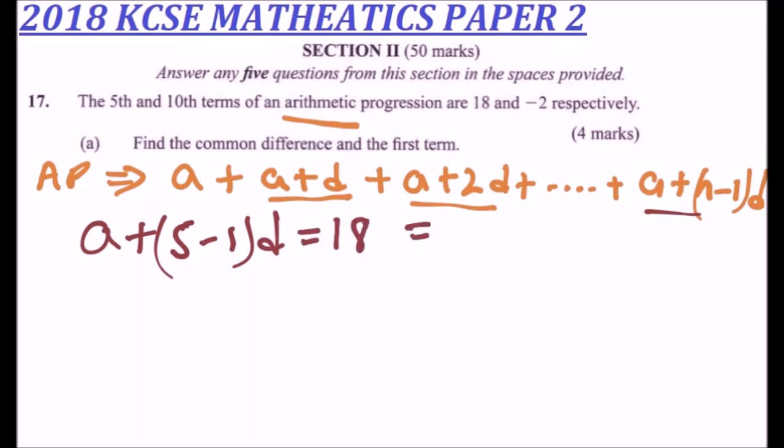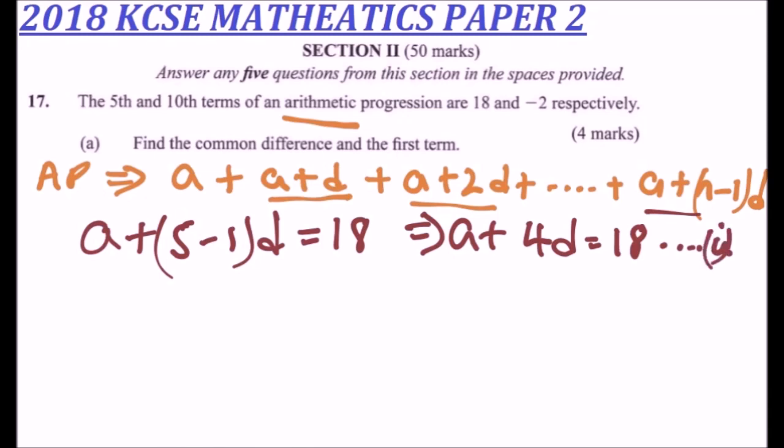This implies that a plus 4d is equal to 18. We can call it our equation 1.